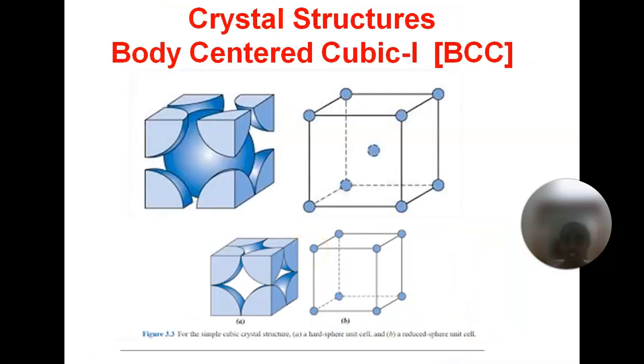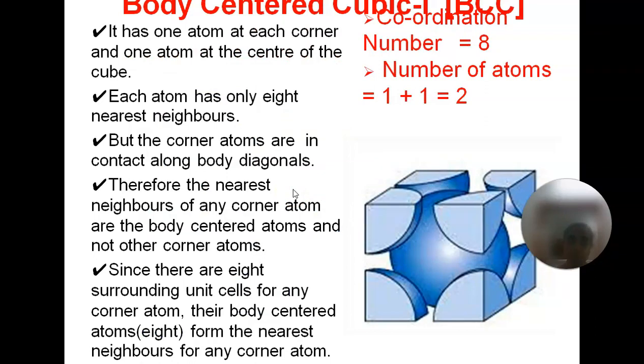The first crystal structure we will look at is the body centered cubic. In the body centered cubic we can see a unit cell which consists of 8 atoms at the corners.